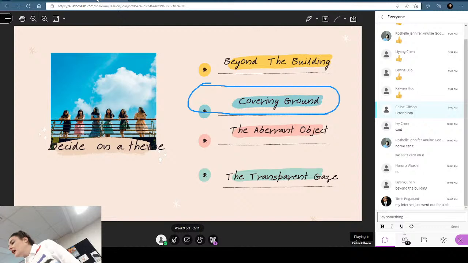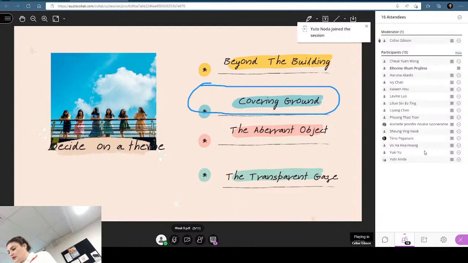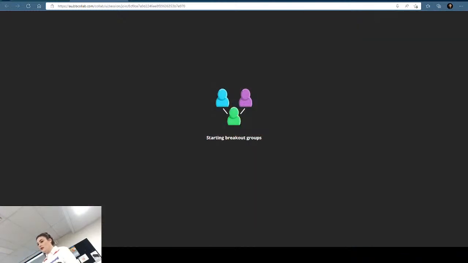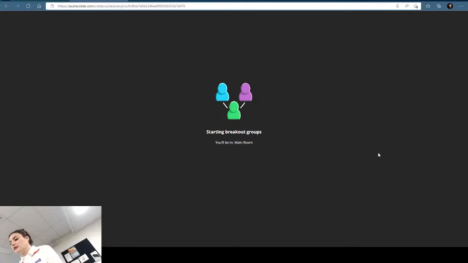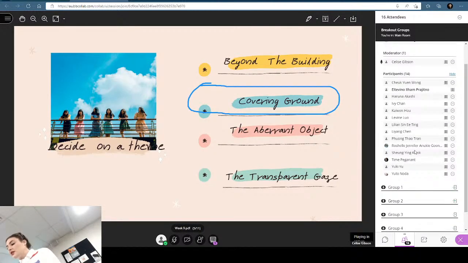For people online, I am going to open up breakout rooms where you can pick your own group, and you're going to be in a pair. So I'm going to make a number of breakout groups here. So I'm letting you pick your own.